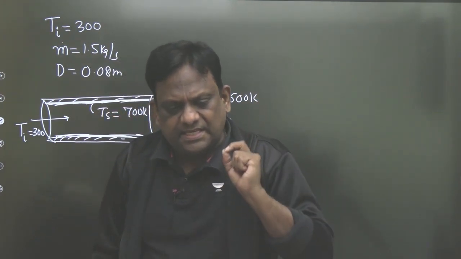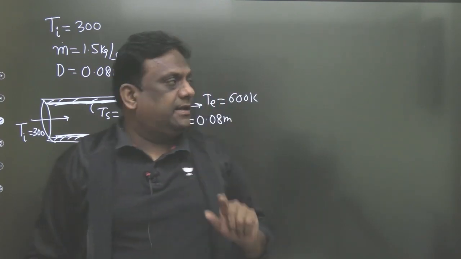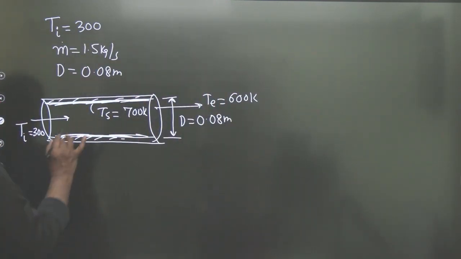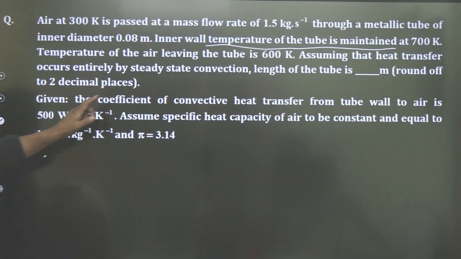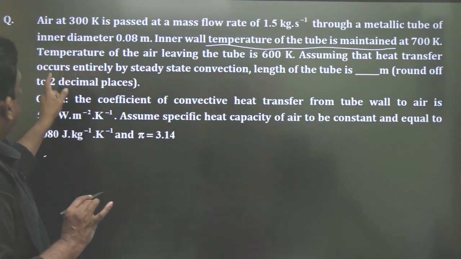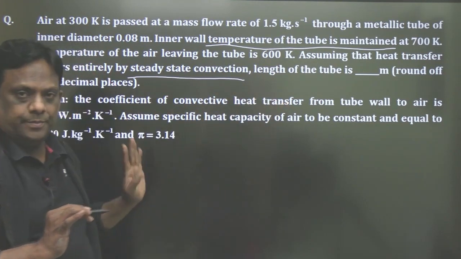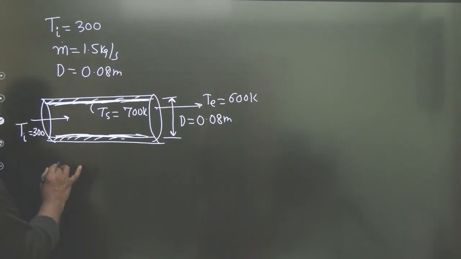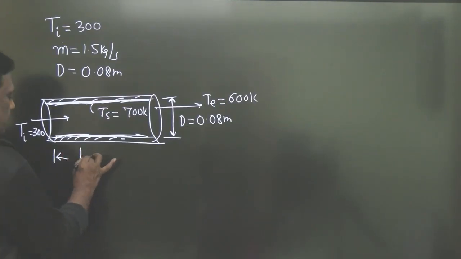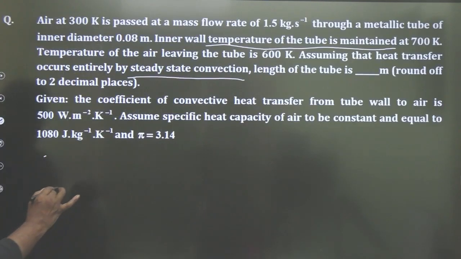In this case, the surface temperature is maintained constant, so it is given as 700 Kelvin. Any other data given? Assuming that the heat transfer occurs entirely by steady state convection, he is asking what is the length of the tube, and some other data is also given.